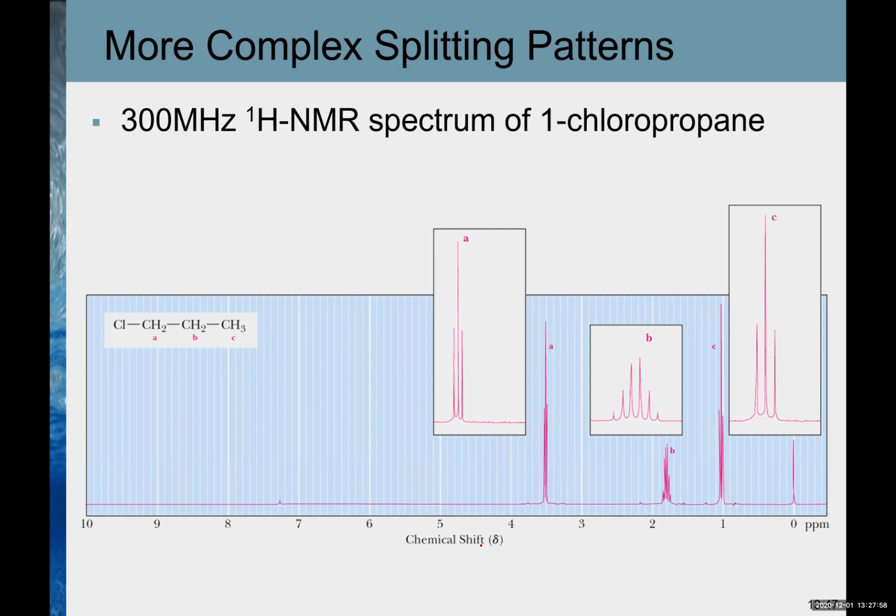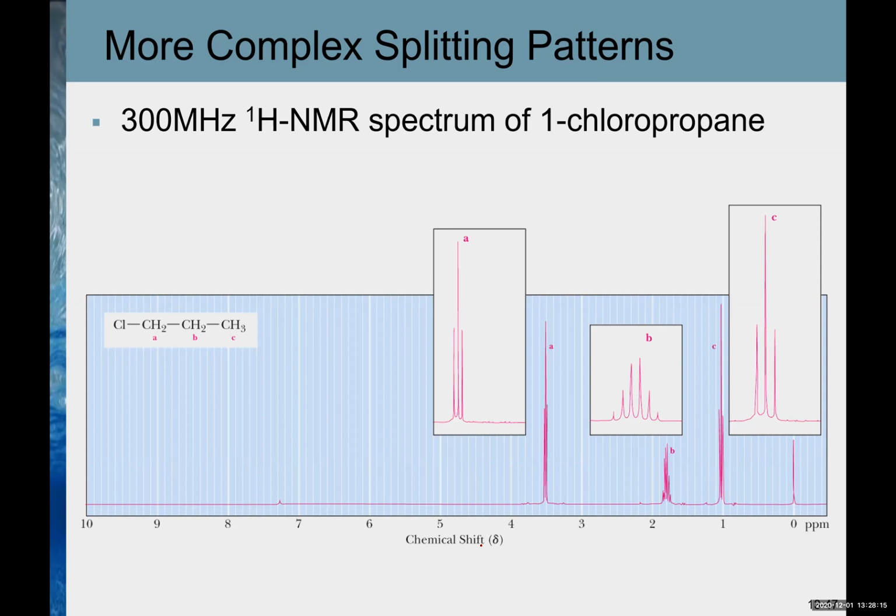So let's take an example of the normal ones, because we don't observe complex splitting patterns in most cases. We'll stick with the simple ones.